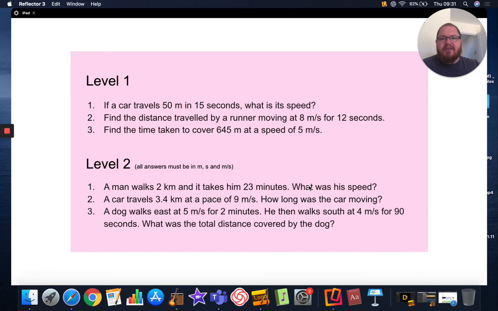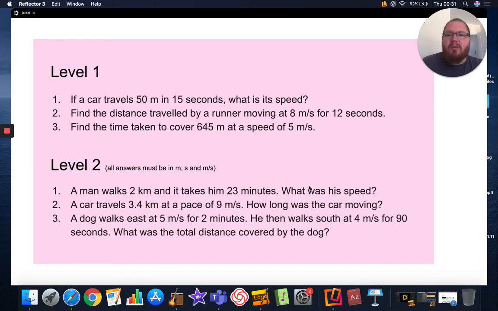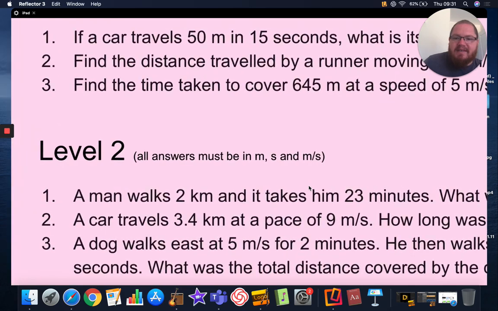So here's the question. If you're going to pick level 1, questions 1, 2, 3 there, make sure you state that you're doing level 1. Now these questions are very, very similar to the examples I've just been through. Level 2 there, and if you can see that, it says all answers must be in meters, seconds, and meters per second.